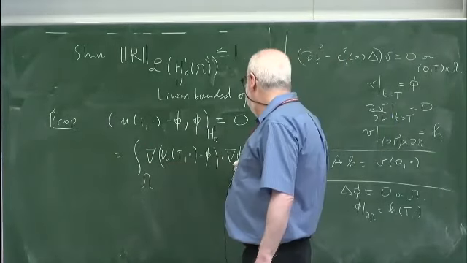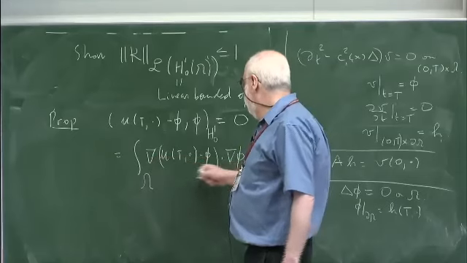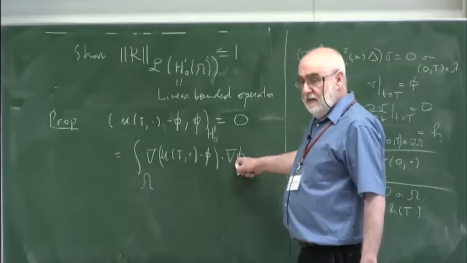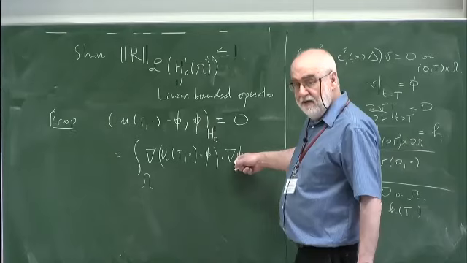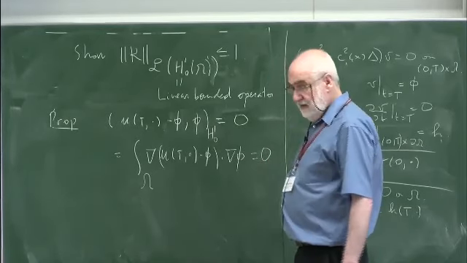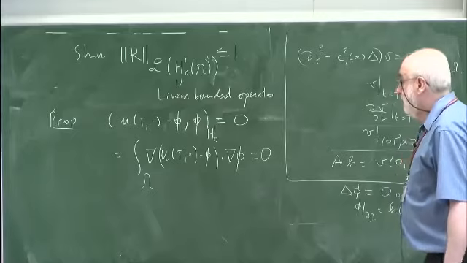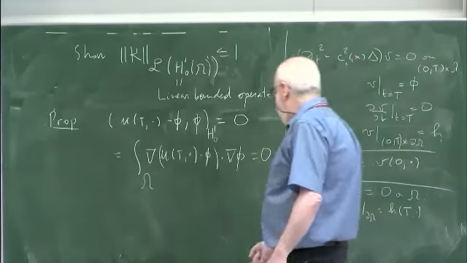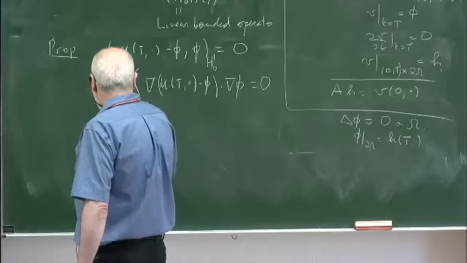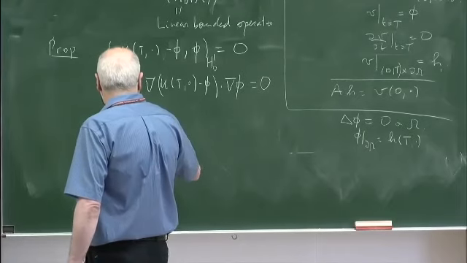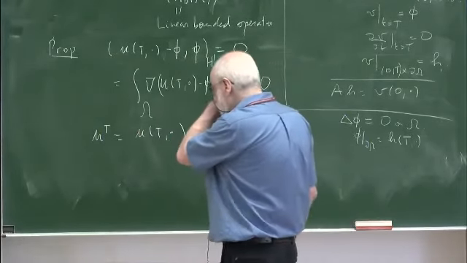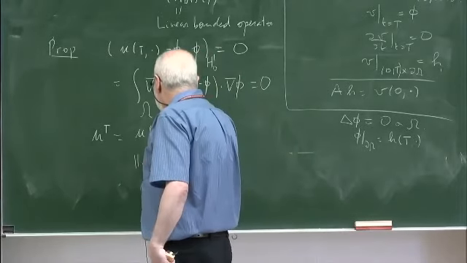Okay, so now I integrate by parts. So if I integrate by parts, I get the Laplacian of phi. Right? How much is that? 0. Right? And I have boundary value 0, so I get 0. Okay, so from here, by just using Pythagoras, let me denote ut by definition ut dot. So by using Pythagoras, I get the norm of u squared.